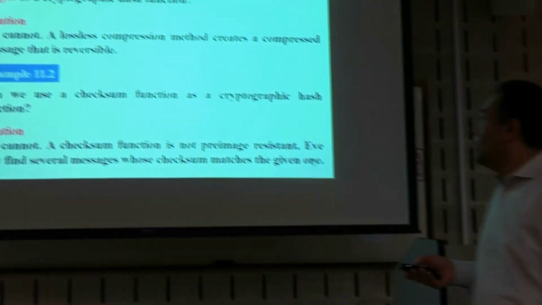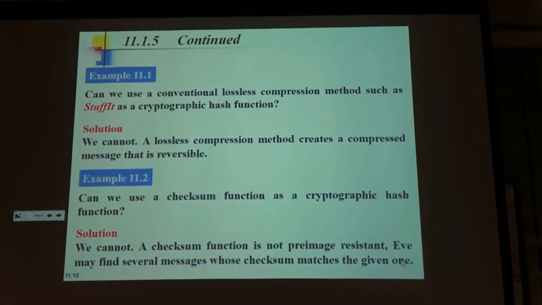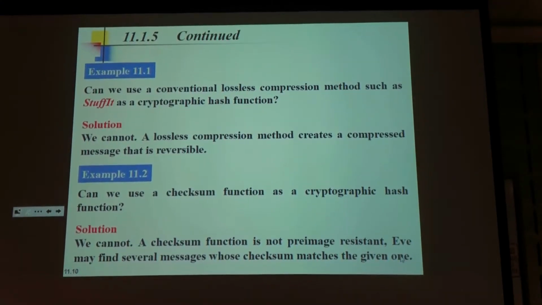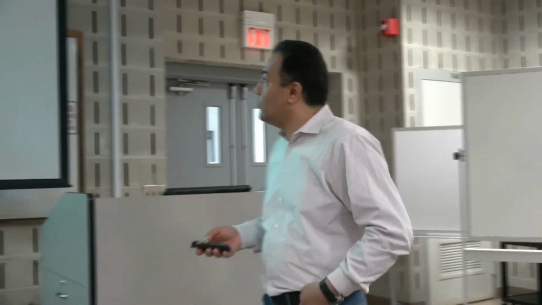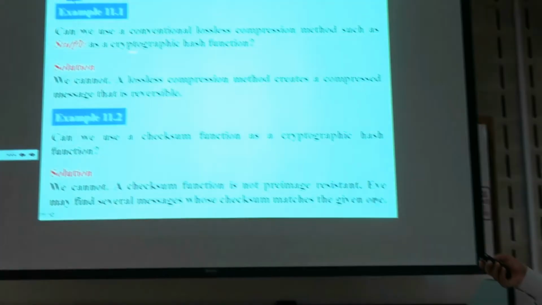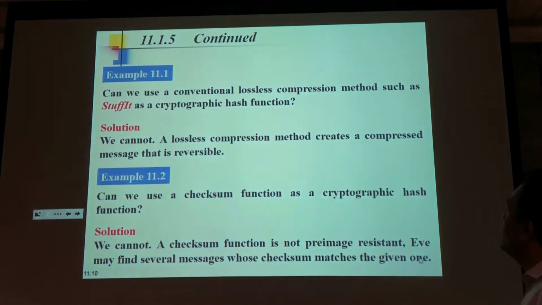So the question here: can we use a conventional lossless compression as a cryptographic hash function? You know compression, there are two kinds, lossy and lossless. With lossy, when you compress, you cannot bring it back as it was. With lossless, you don't lose anything; you could bring it back perfectly as it was.